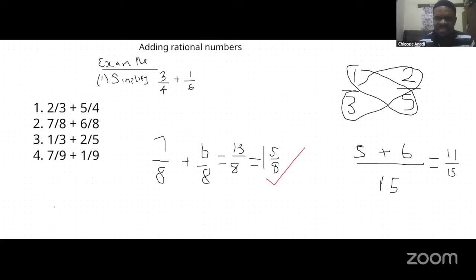Beautiful. So 11 over 15 is your answer, right? Yeah, I had to recalculate because when I was doing 3 times 2, I accidentally did 3 plus 2. Okay. Thank God you're able to find your mistake and correct it immediately. That's smart. So this is correct.